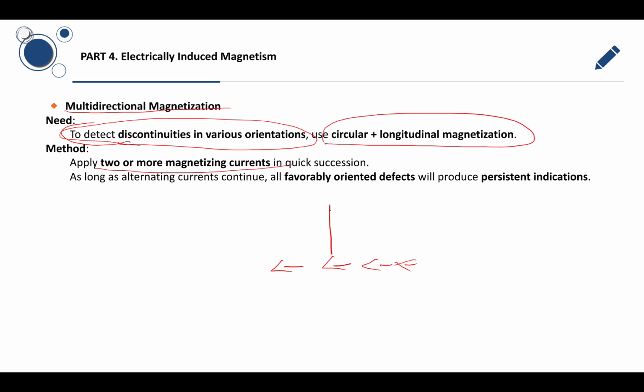As long as these alternating currents continue to flow, all favorably oriented defects will produce persistent visible indications, whether they are transverse or longitudinal or at an angle. This allows for a more comprehensive inspection in a single setup.